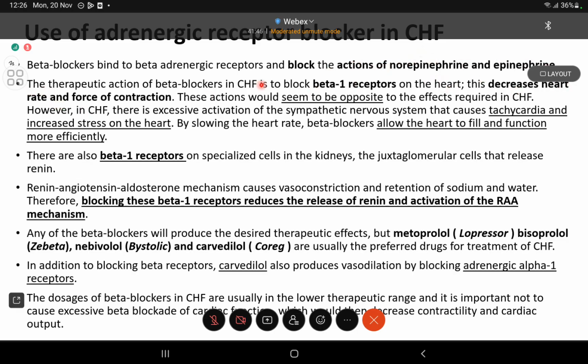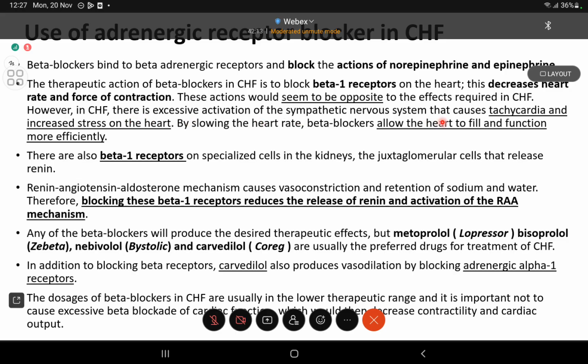Since your heart consists of beta receptors, especially beta one, once you block beta one, you are going to decrease your heart rate and the force of contraction. So these actions, as I said, seem to be opposite to the effect required in cardiac output.